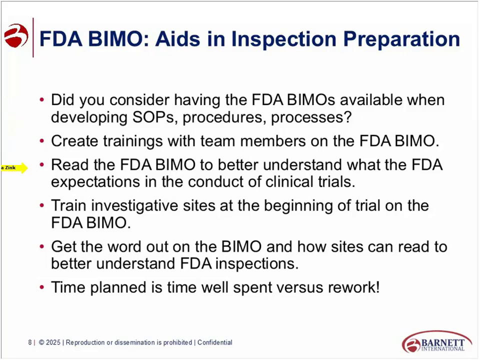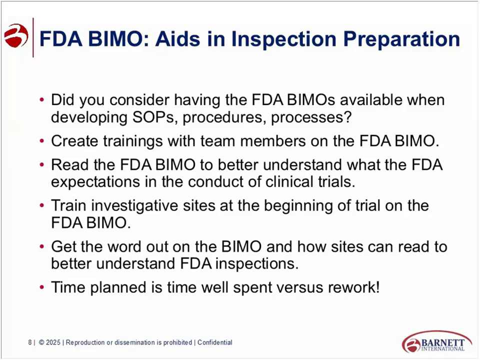Have you actually read the BIMO, you and your team members, to understand what the FDA expects in the conduct of clinical trials? Whether it's proactively, or after today or before today, are you and your team members really looking at this guidance manual and reading it in detail so you have a full understanding? I already mentioned training our sites at the beginning of a study, getting the word out on the BIMO and how sites can read it to better understand FDA inspections.